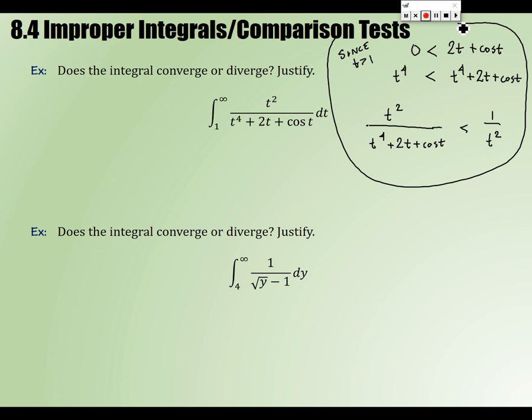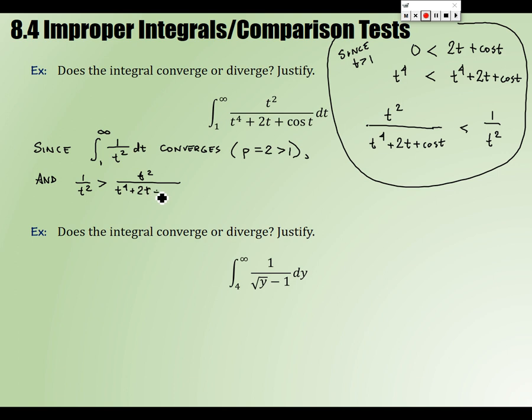Okay, so let's write it out. Okay, so since the integral from 1 to infinity of 1 over t squared dt converges because p equals 2, which is greater than 1, and 1 over t squared is always greater than our integrand, t squared over t to the 4th plus 2t plus cosine t.